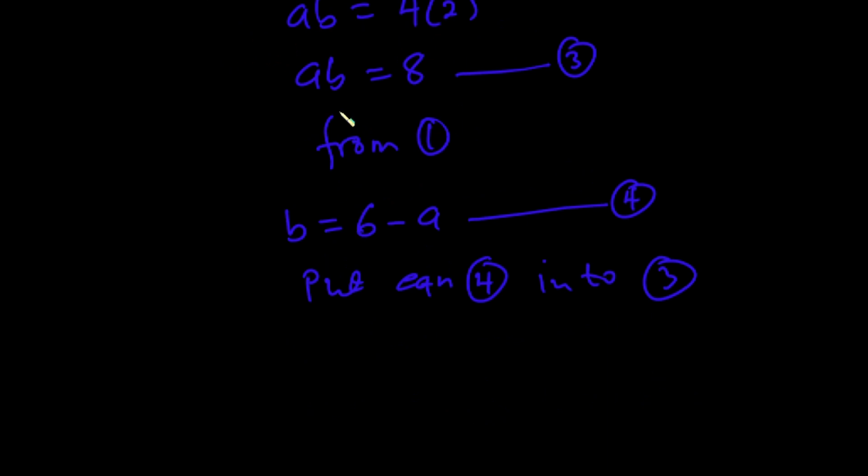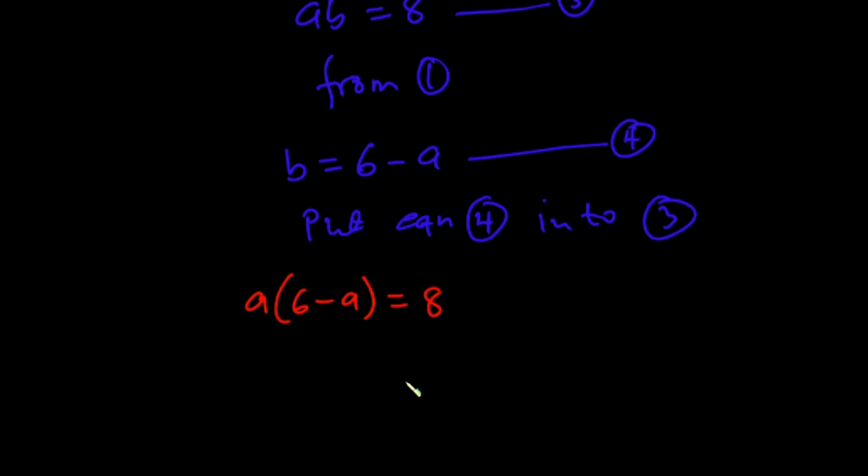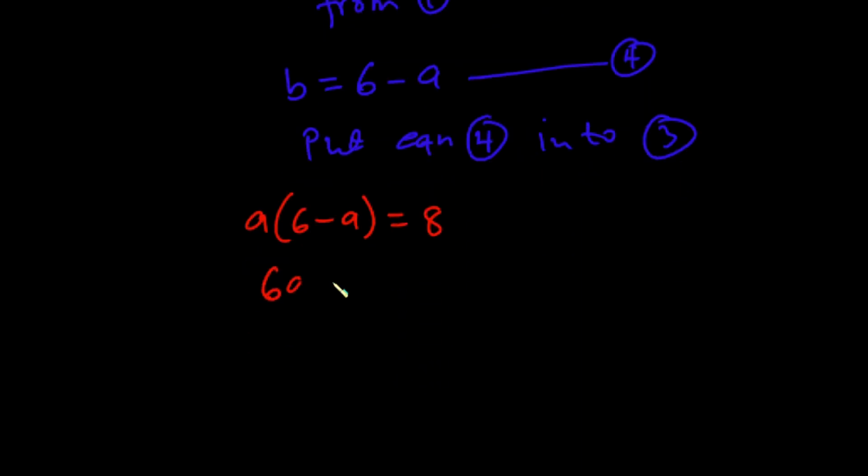So what it means is that where we see b in equation 3, we're going to put 6 minus a. So we're going to have a times 6 minus a is equal to 8. And if we simplify this, we have 6a minus a squared is equal to 8.